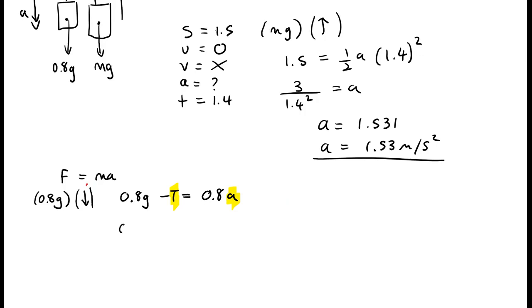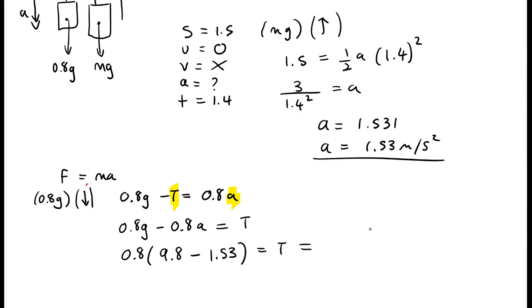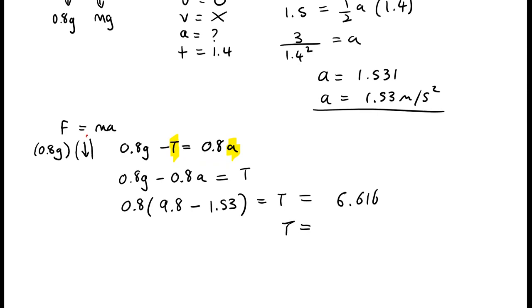So with a known, 0.8g minus 0.8a is equal to T. So 0.8 bracket 9.8 minus 1.53 is equal to T. And that makes T 6.616. So the tension is 6.6 newtons.